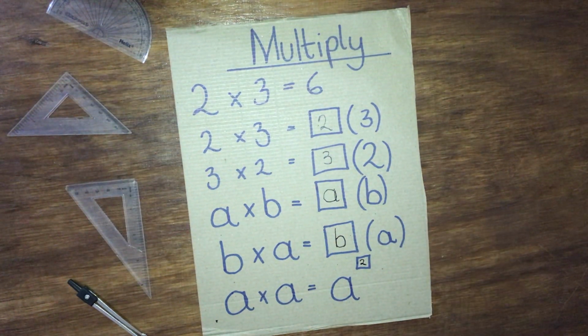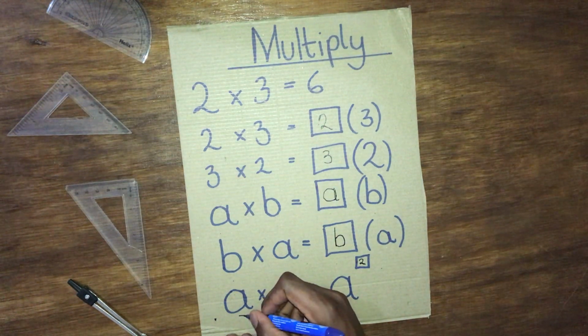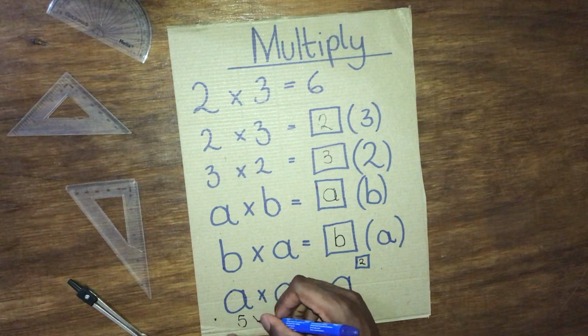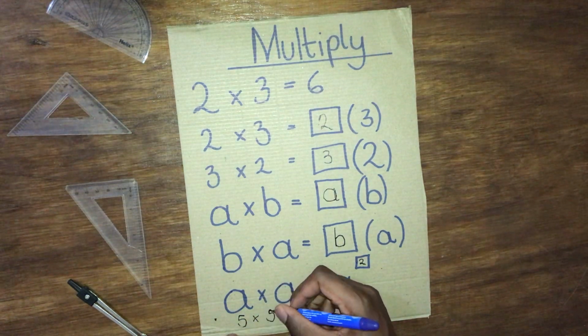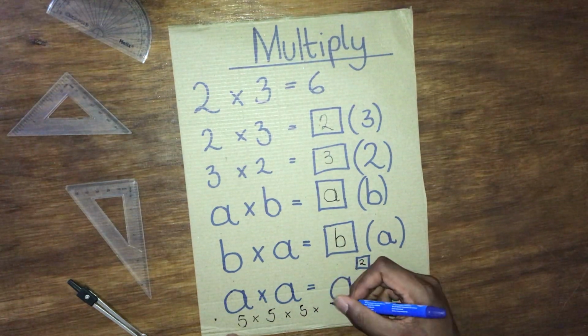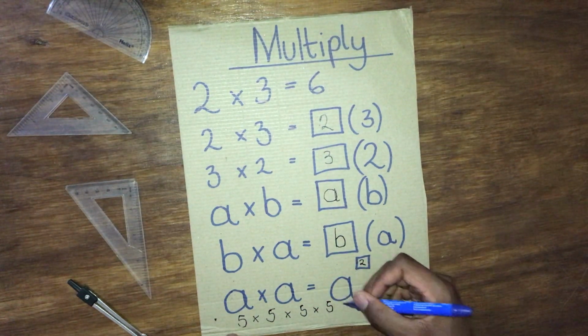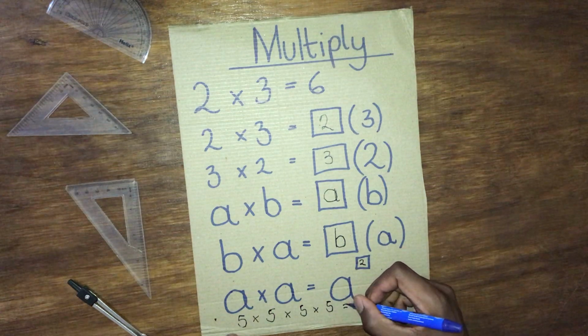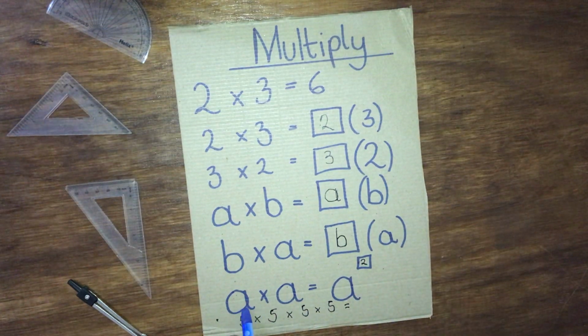Usually this is done to save mathematicians time. For instance, if we had 5 times 5 times 5 times 5, this is a similar concept to what we've used here.